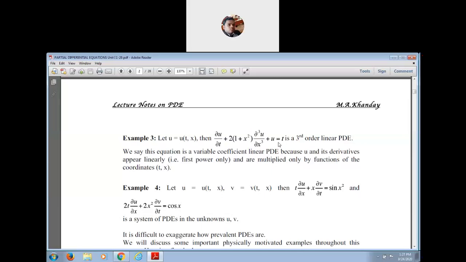Ma'am, what if the whole equation is in a bracket and the bracket has some power? Then what is the order?